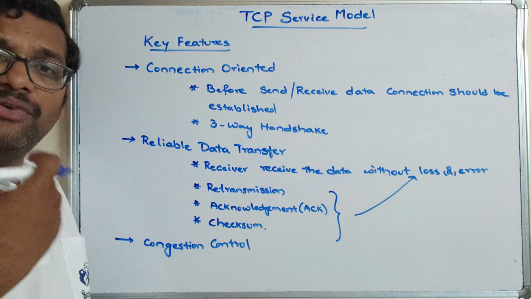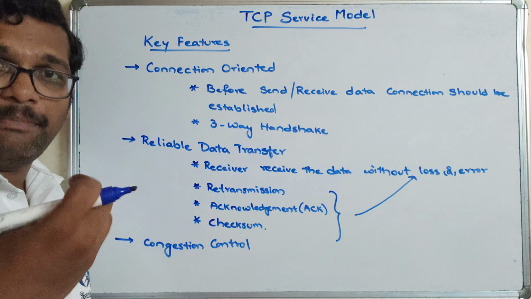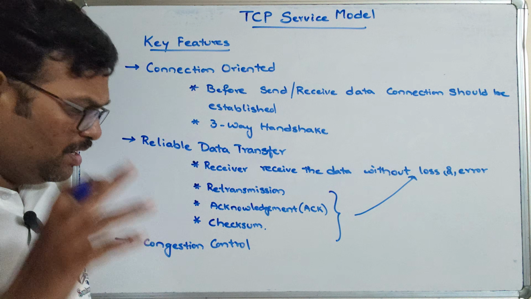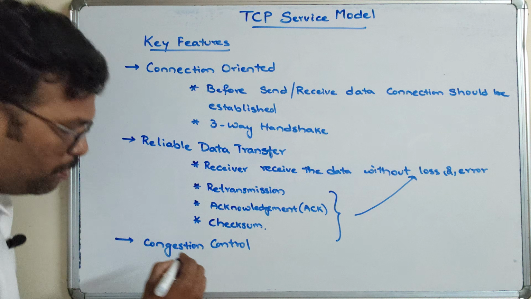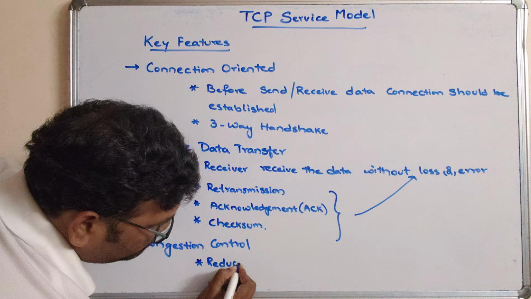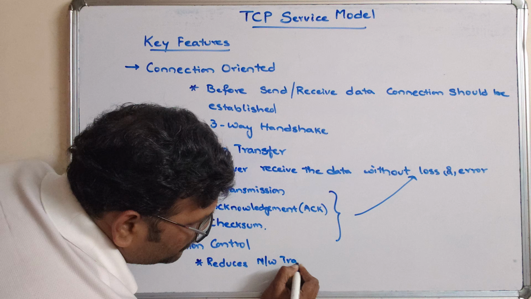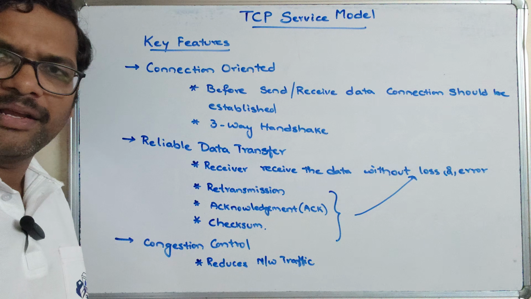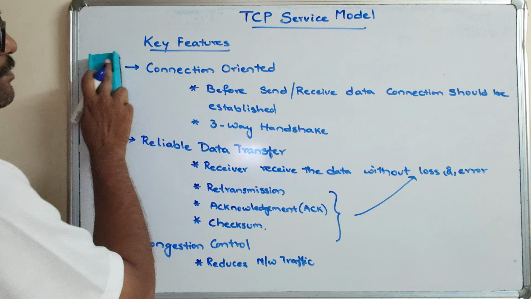For that, we have seen a lot of congestion control algorithms, like back pressure, and choke packet, etc. With the help of all those techniques, the network load should be reduced. So it reduces network traffic using back pressure or any other technique. So this is the third key feature.